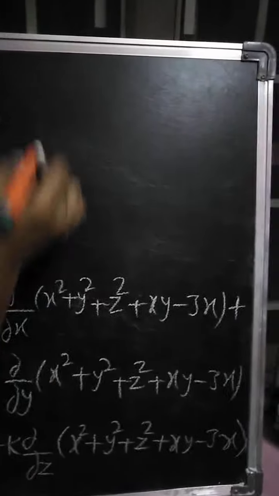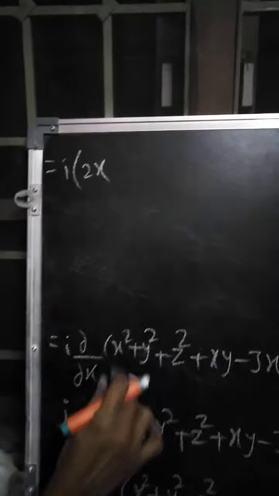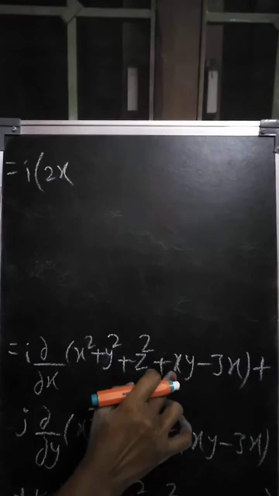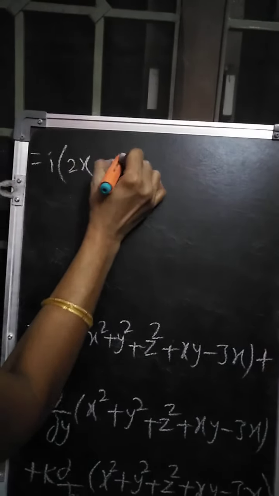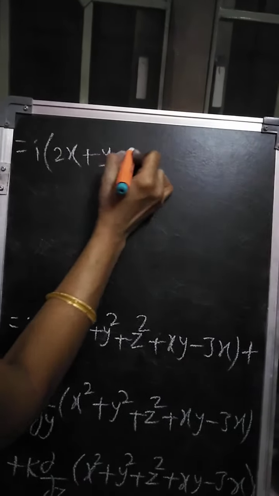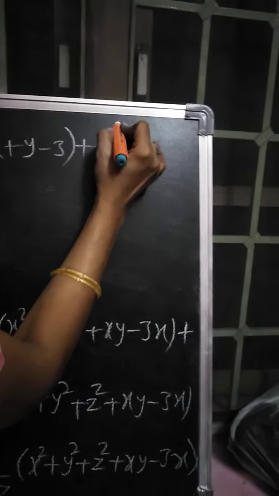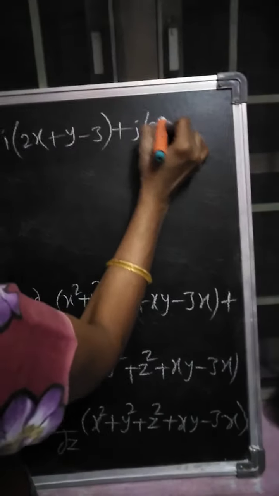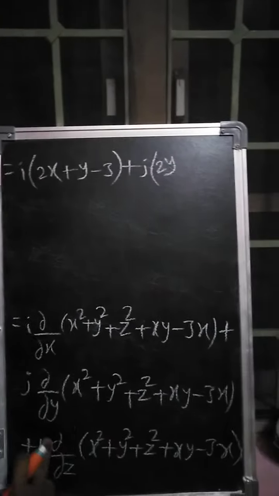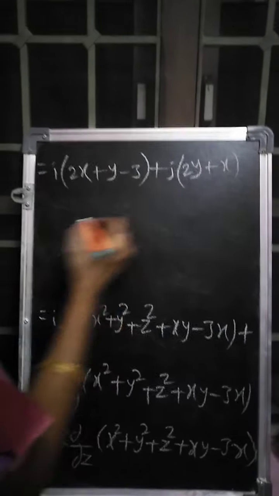So with respect to x, here 2x, the remaining terms give 0. So 2x, and with respect to x, y is constant, so that is plus y, and minus 3. Next, plus j into, with respect to y, 2y, plus x.